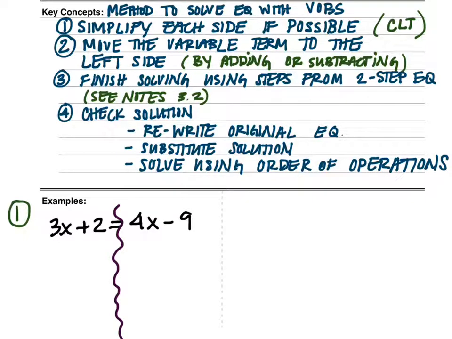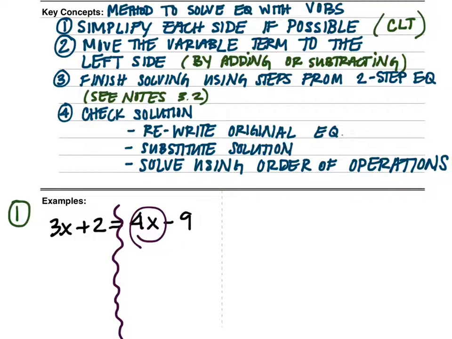So I take a look at this and I say, on this side, I can't combine 3x and a 2. They're not like. And over here, I can't combine 4x and negative 9 because they're also not like. So I get to go ahead and move this variable to the left side. So this variable here needs to go away.